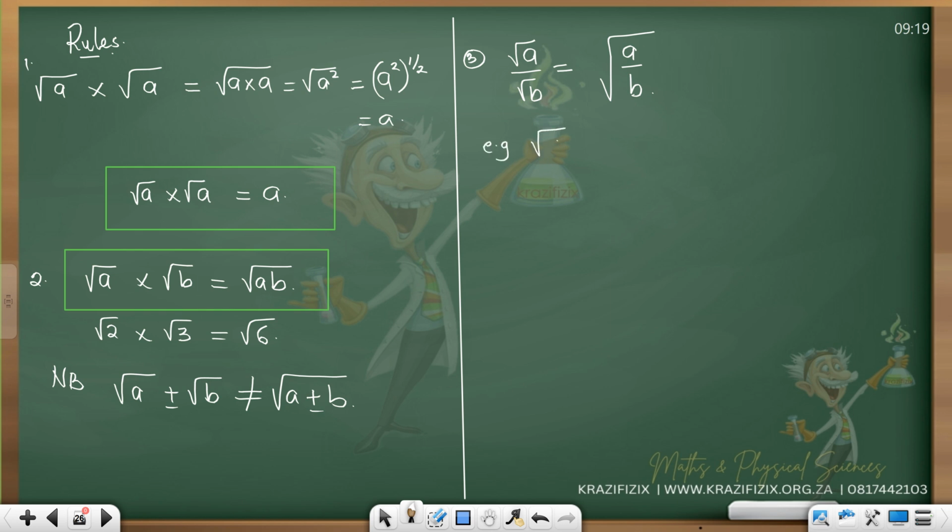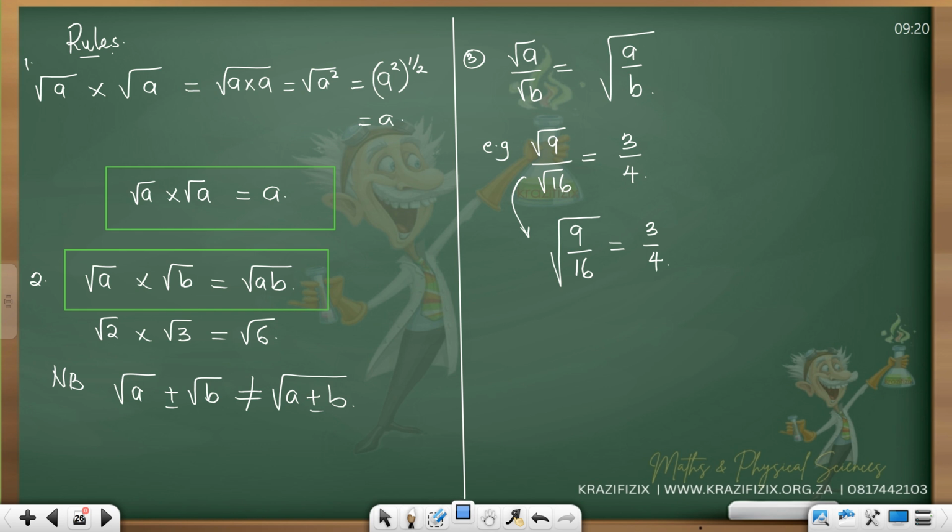Example, root of 9 over root of 16. Now, this we can do as simply 3 over 4, right? Let's see if it's going to give us the same. I could have written this as root of 9 over root of 16, and the square root of 9 is 3 and of 16 is 4.